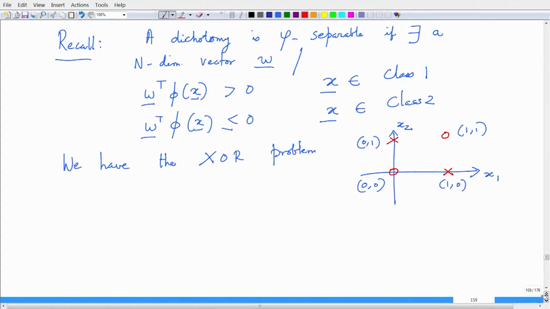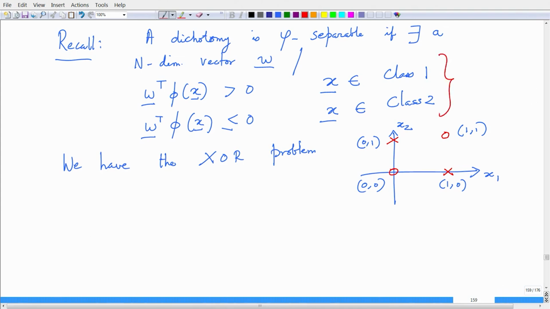Now, let us recall a dichotomy is phi separable if there exists an n dimensional vector W such that the inner product of W with respect to phi of x is greater than 0 for x belonging to class 1 and otherwise.